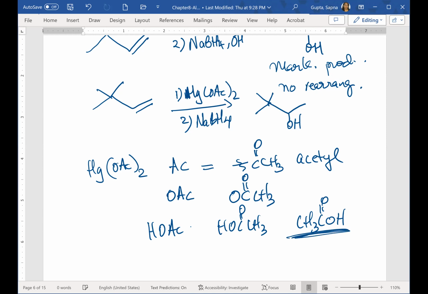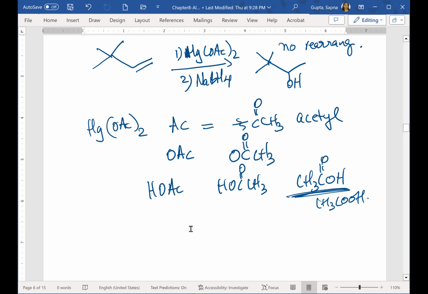You've seen this before. This is acetic acid, CH3COOH, which you have seen before. So the shorthand for acetic acid is actually this, and the acetyl group is the COCH3. You will see this a lot in organic too, because we deal with carbonyls a lot. Right now, this is the only place I think for now.